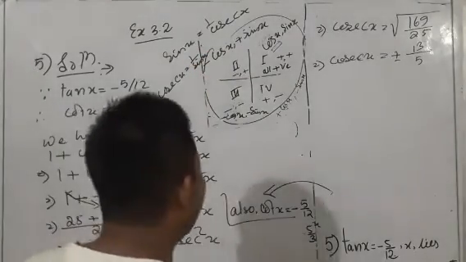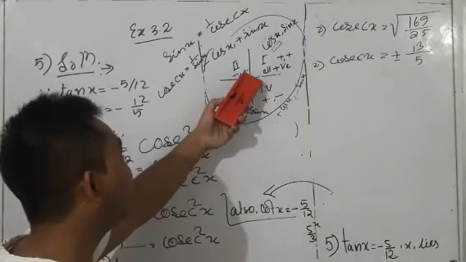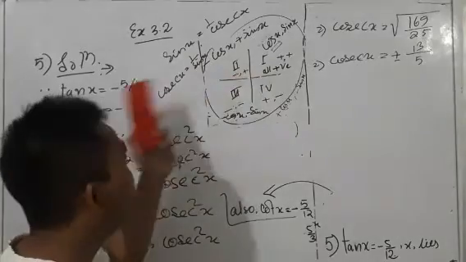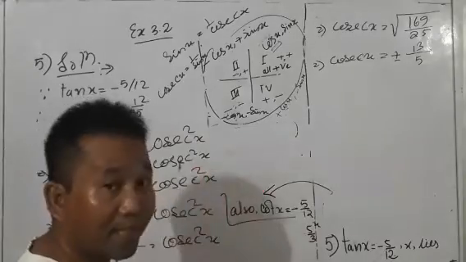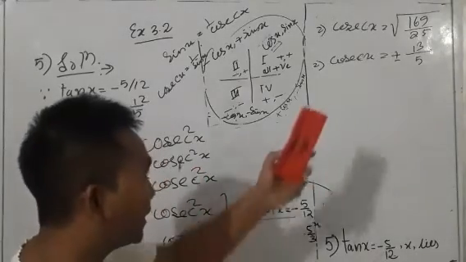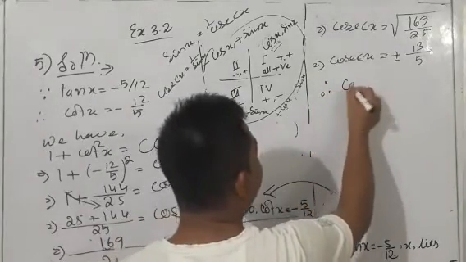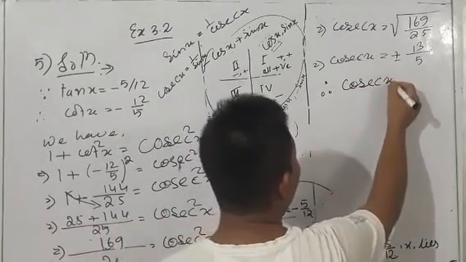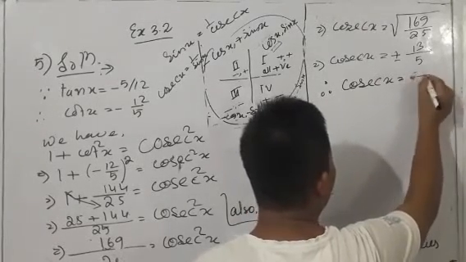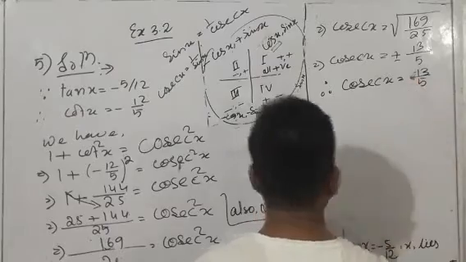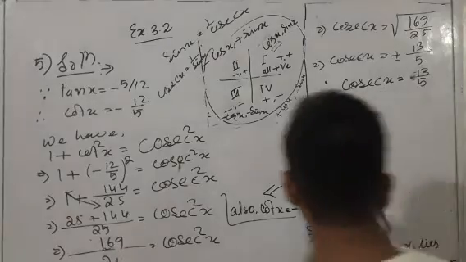In the second quadrant, cos is negative and sin is positive, correct? If sin is positive, then cosec x is also positive, correct? So we will consider only the positive value, not the negative value. Therefore cosec x equals 13 by 5, no need to write plus. Correct?